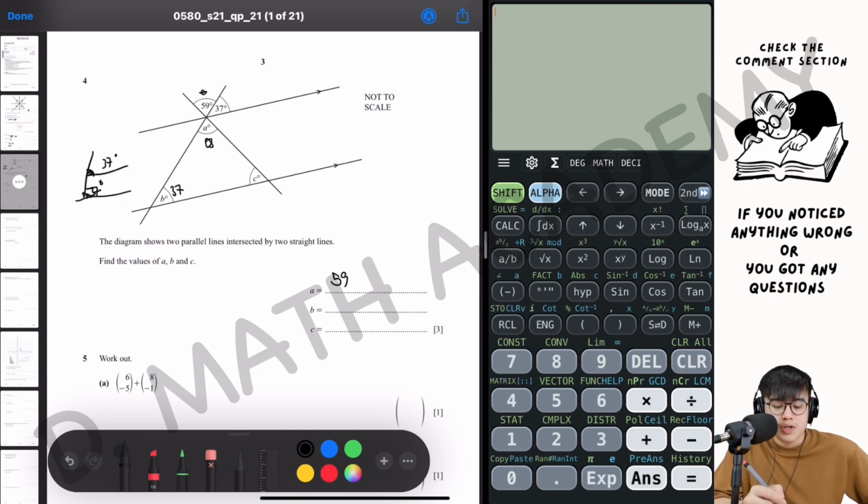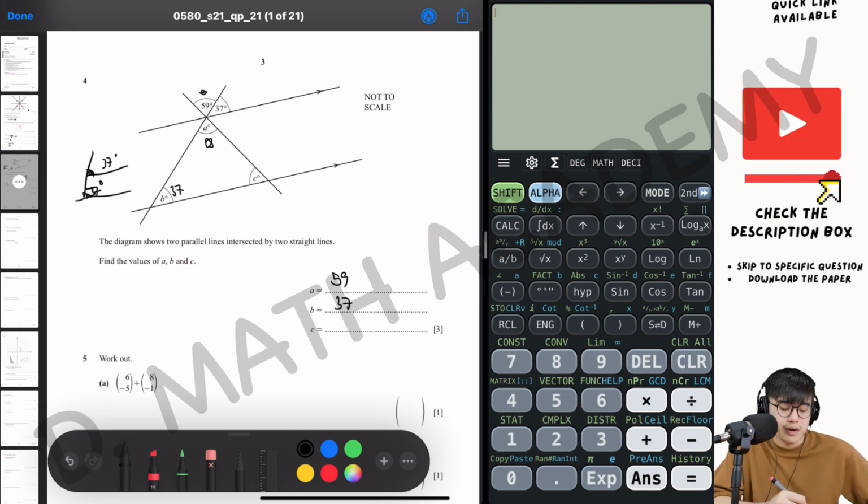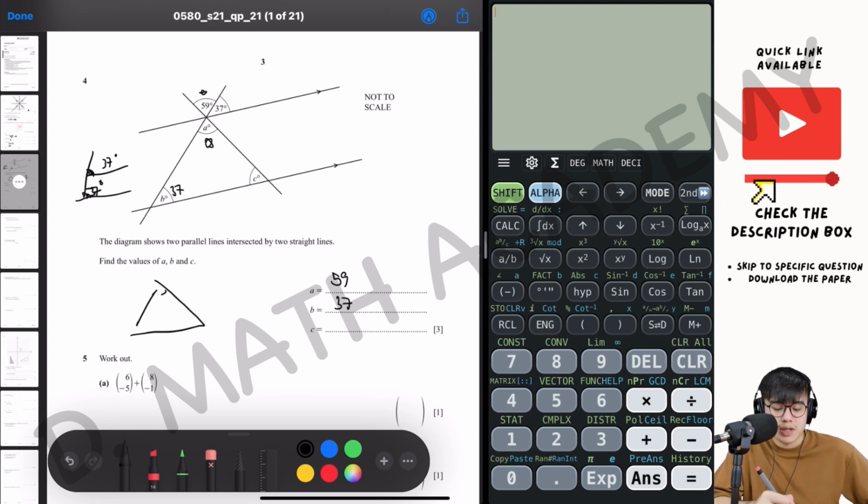With this in place, now we have the triangle here. They were looking for C. There's no calculation needed because you already have all the values inside the triangle. To find C, take 180 minus the results there.